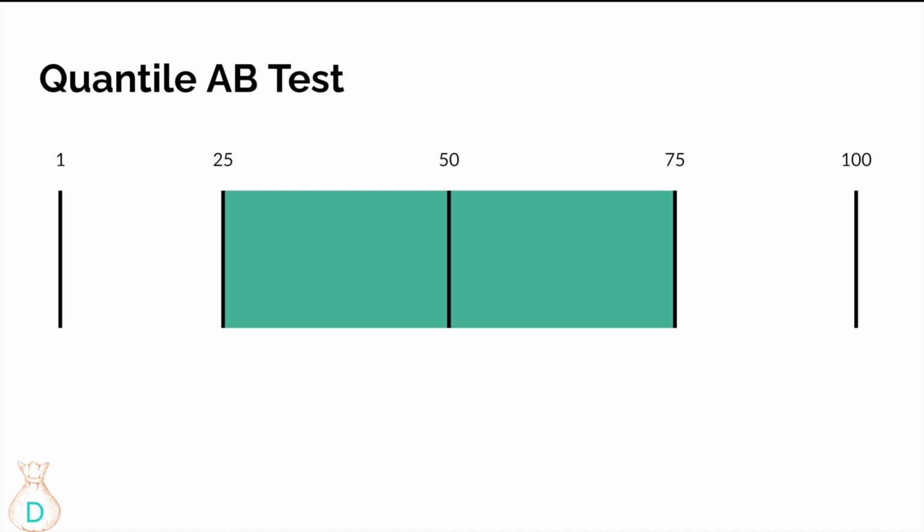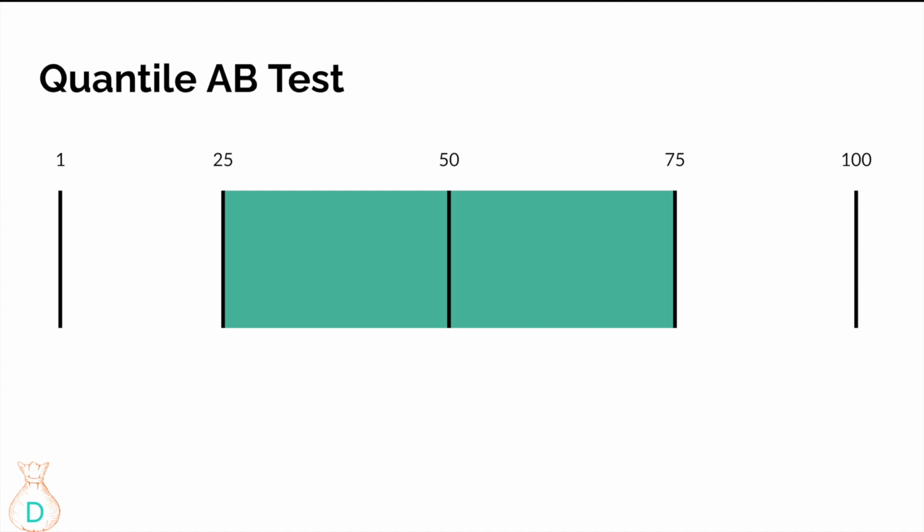For example, you can do a quantile A/B test where, instead of just looking at the average of everybody, you want to see how this feature will improve in certain groups of people, so that you might see the 75th percentile. So these are percentiles from 1 to 100.